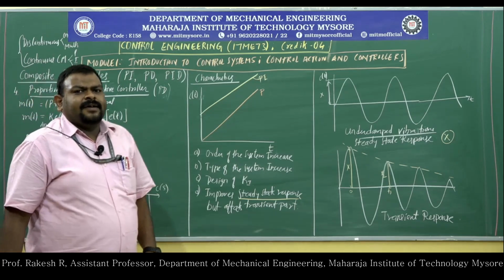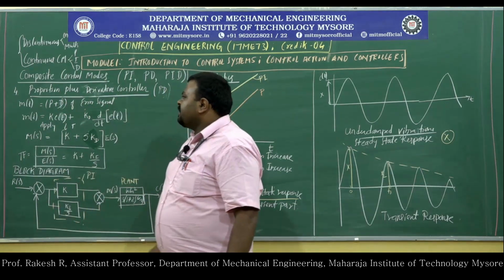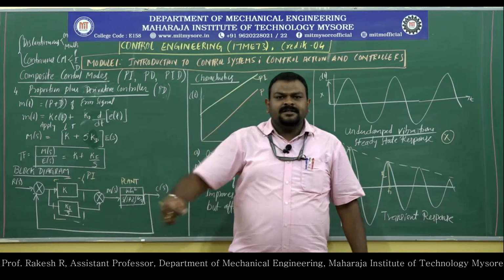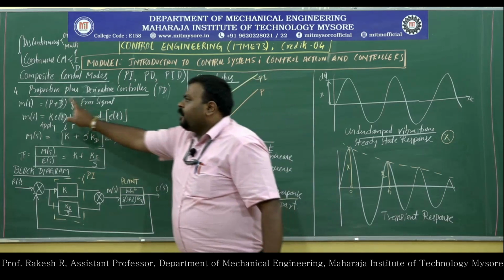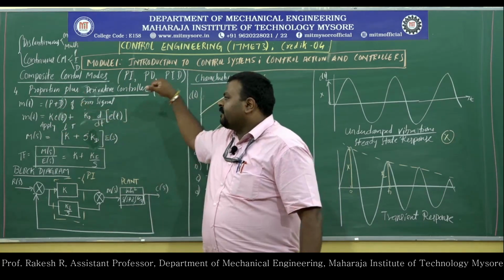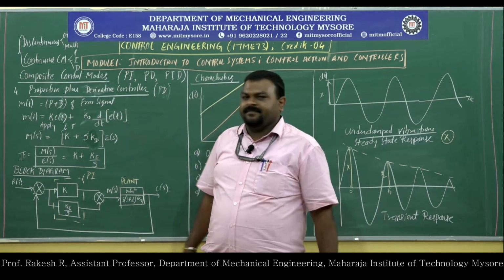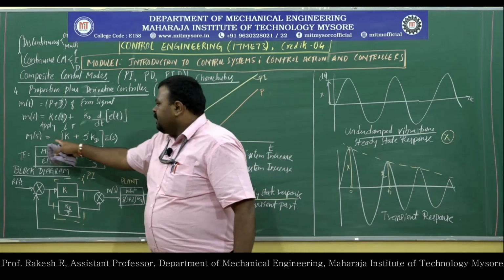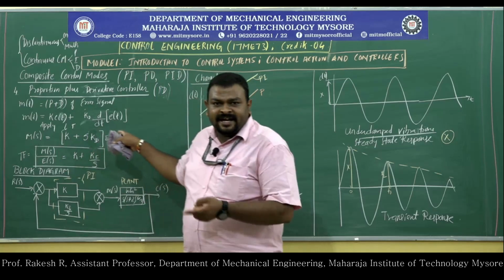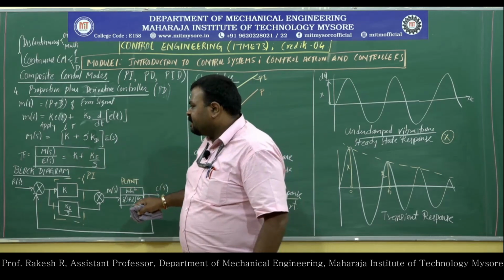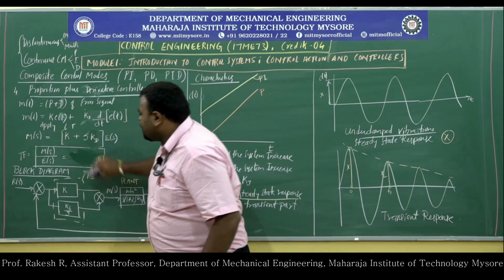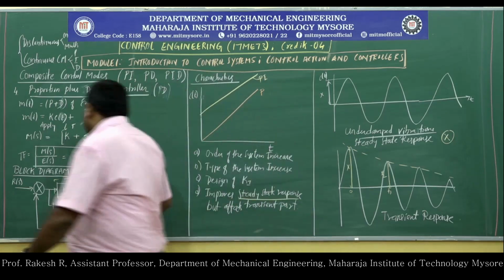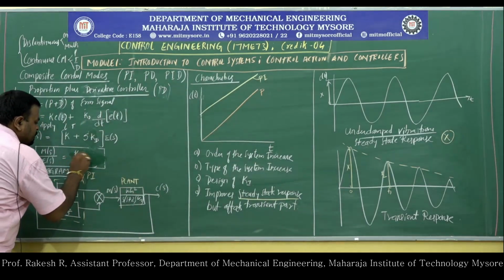The definition of a derivative controller is a controller in the forward path which changes the controller output proportional as well as derivative to the error signal. That is the definition. Again, the manipulated output will be K plus s into K suffix d, into E of s, the error signal in the frequency domain. And finally the transfer function for the derivative controller will be K plus s into K suffix d.